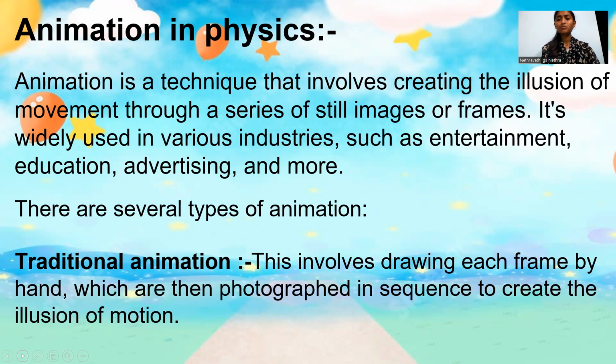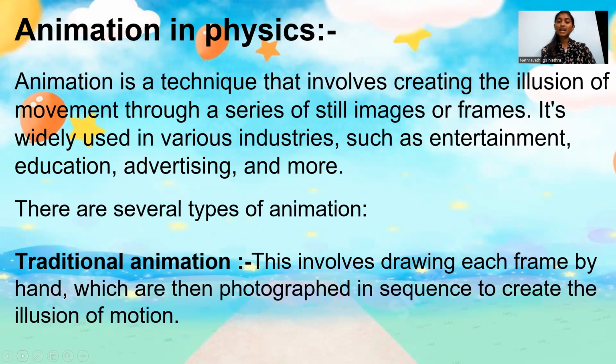So animation plays a very important role in present day scenarios. They are widely used in many industries such as the entertainment field, education field, advertisement field, and many more.